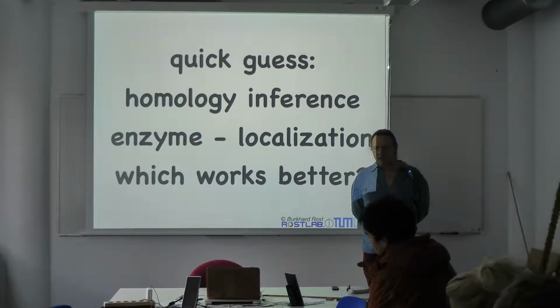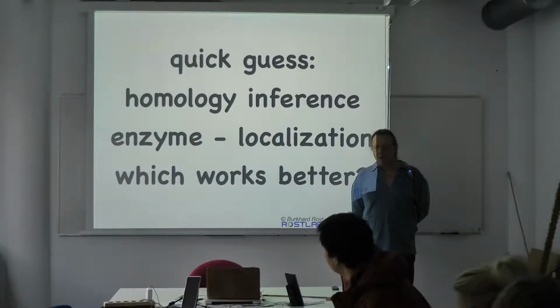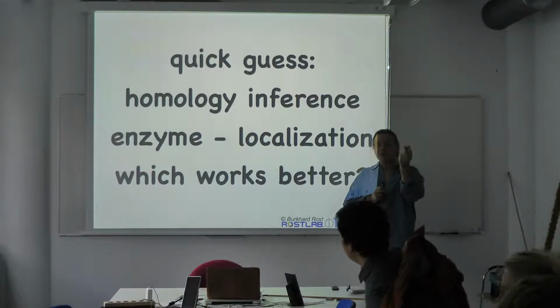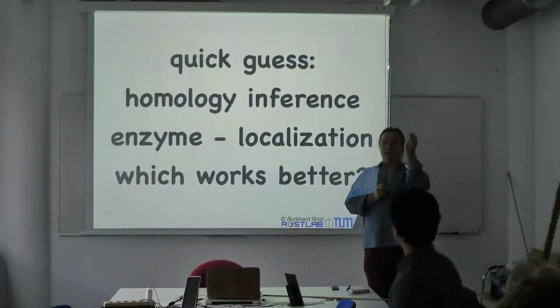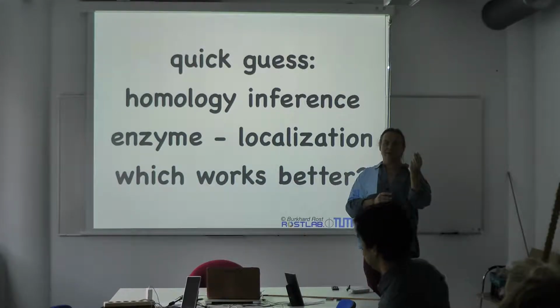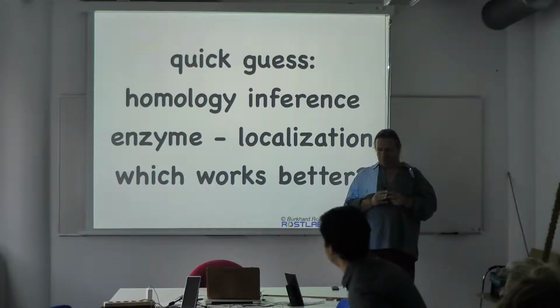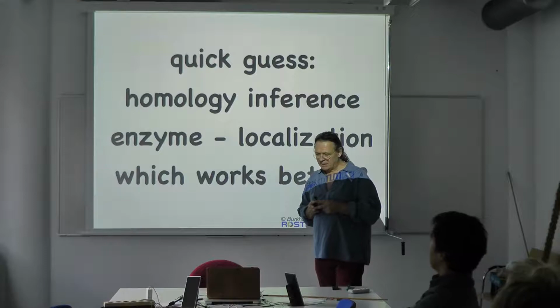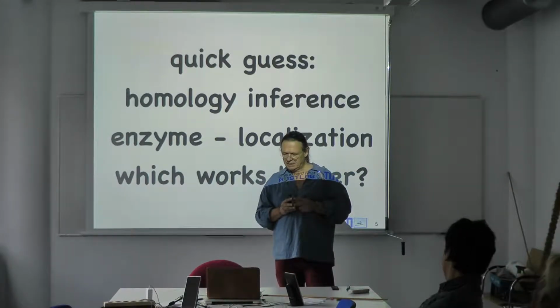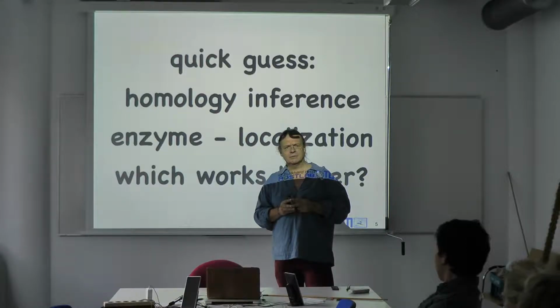But in principle, enzymatic activity is coined by a particular binding site, the histidine triad, where we need three histidines next to each other in a particular spacing in three dimensions. So it's clearly related to the structure. So this is clearly something that you expect to be more similar.